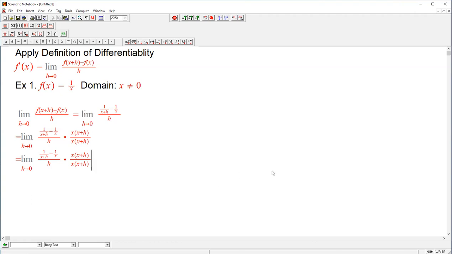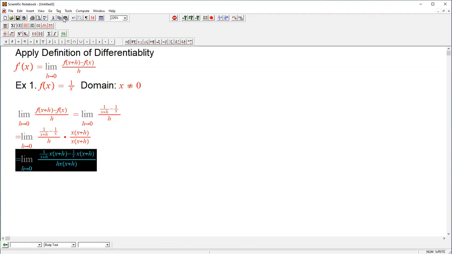Anyone question this? Okay, so we multiply numerator with numerator and denominator with denominator. This piece is 1, so it's gone.